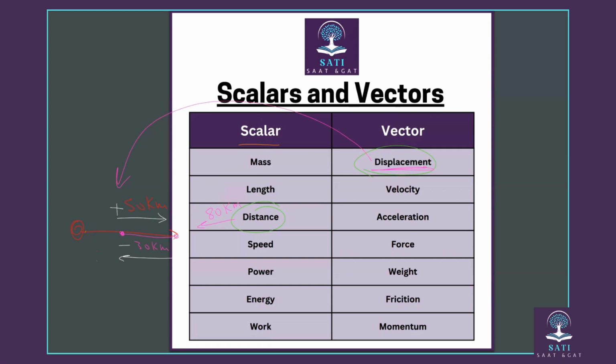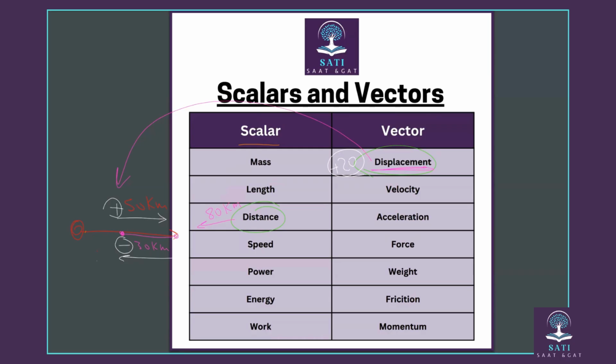The sign here is positive and the sign here is negative. So when you add positive 50 with negative 30, the displacement is positive 20.